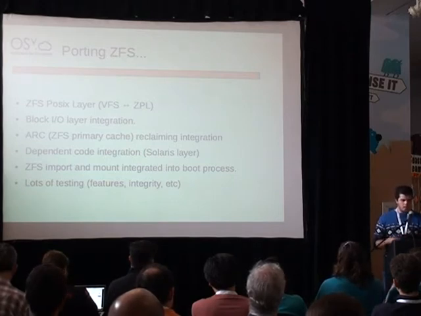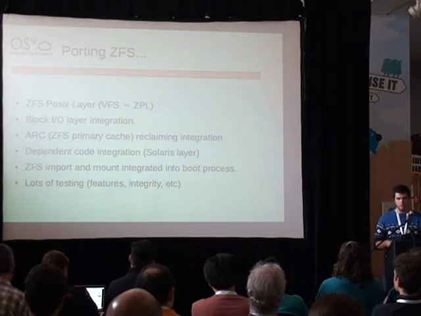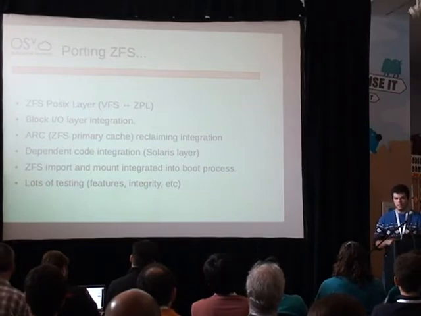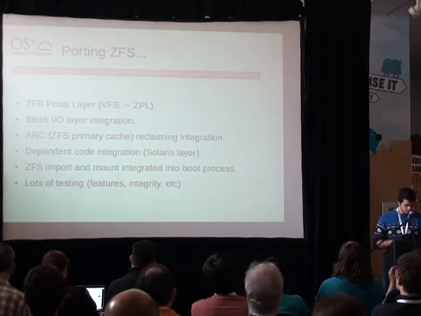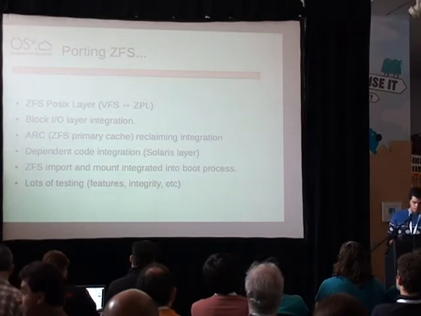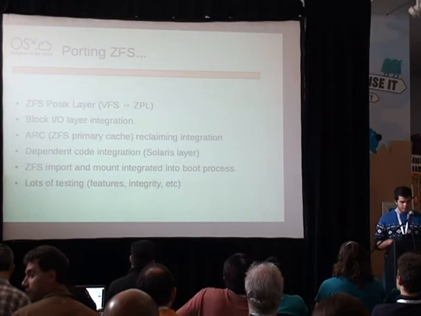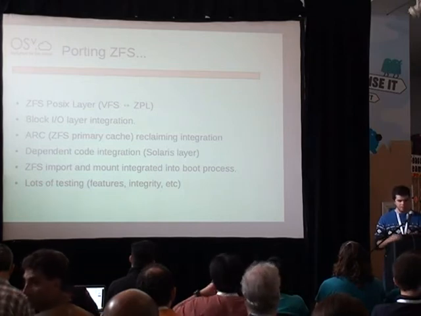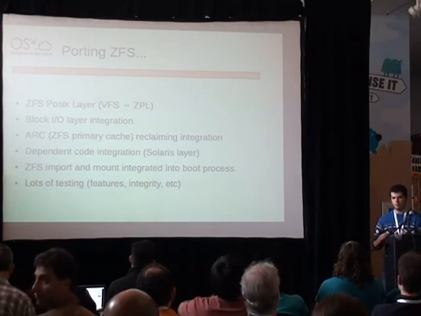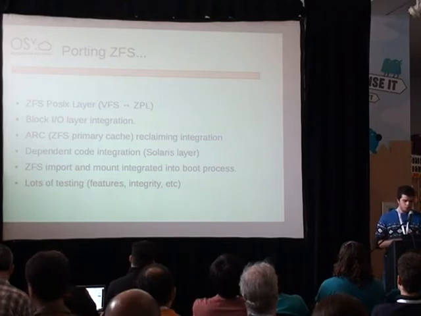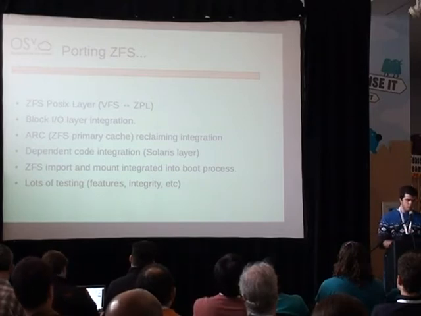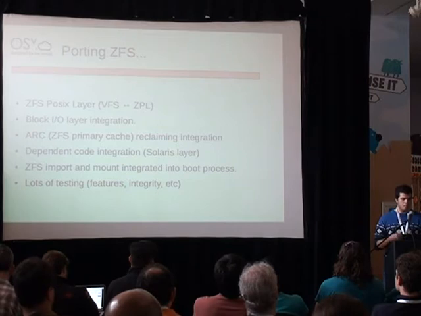As I stated, there was also dependent code integration, which we get from FreeBSD, so we had to port a lot of that code, which FreeBSD had itself ported from Solaris. The next step, the final one to get ZFS actually working, where you would see some of the results, was to integrate ZFS import and mount into the boot process.